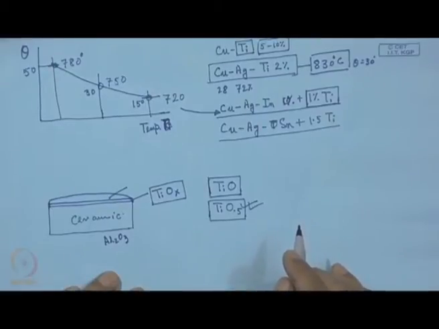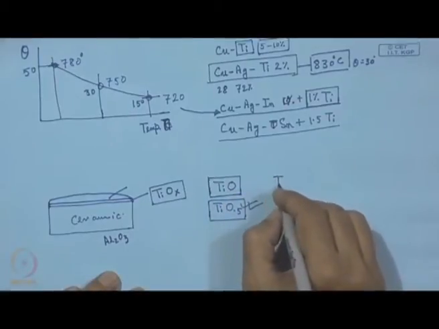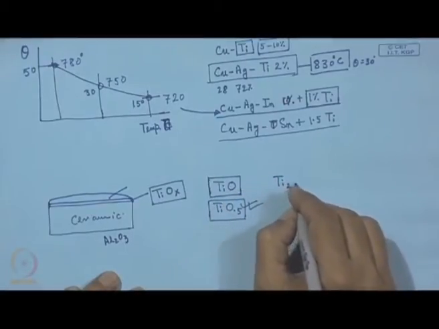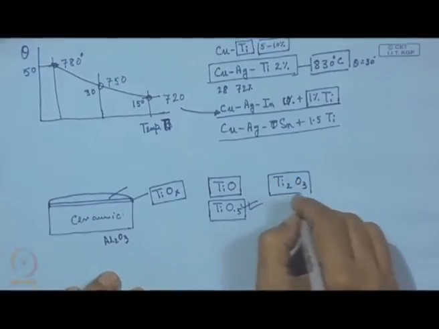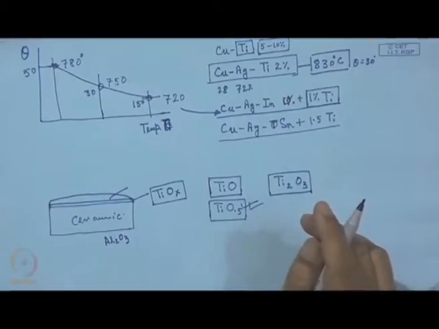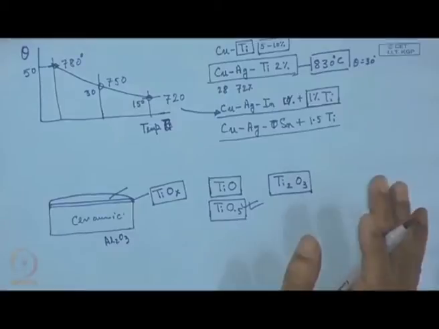But if it is not the case, then before TiO is formed, the reaction layer could also be Ti2O3, and over this surface wetting is extremely difficult, and this is not a favorable case.